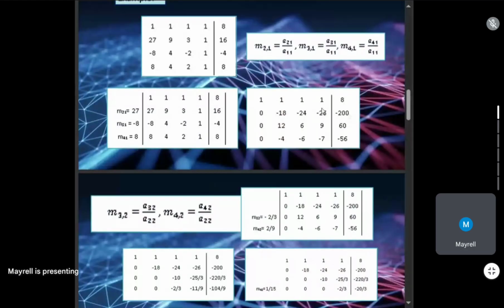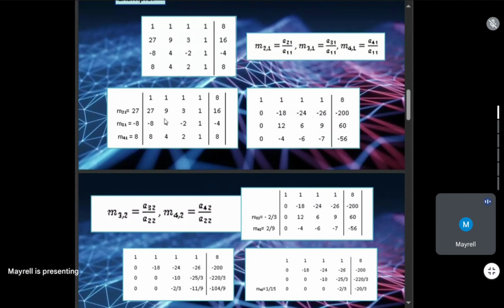Okay. And for the third row, the first element should be eliminated. It's the same pattern. Start with the first one: negative 8 minus the M we use for the third row, negative 8, times the element in row 1, which is 1. Negative 8 minus negative 8 times 1 is 0.